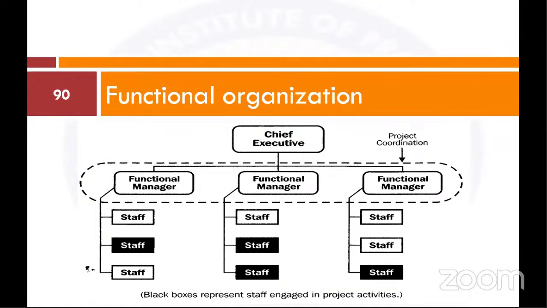You have functional manager, functional manager, functional manager. It could be marketing manager, admin manager, operations manager. In that case, this functional organization is telling us that coordination is done more by the functional managers rather than everyone. So the coordination of the project is within the functional managers. That's what it's trying to tell us here.